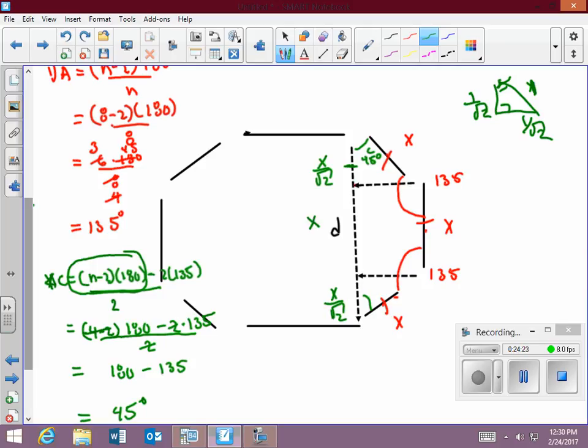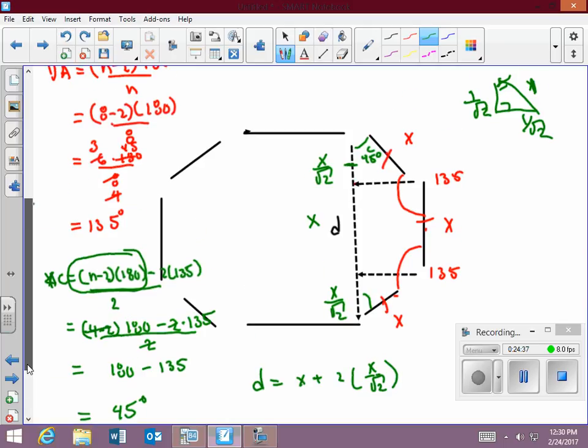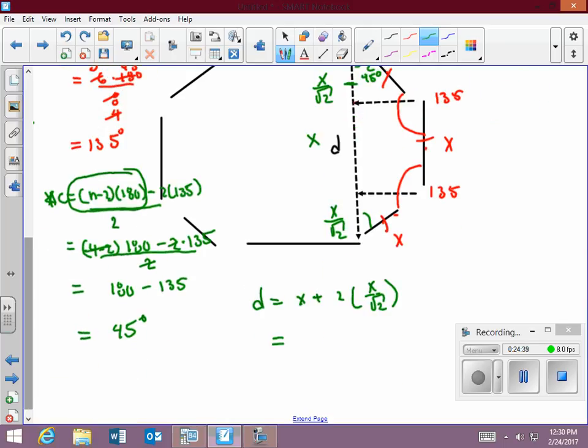So d equals x plus 2 times x over the square root of 2, which is 2x over the square root of 2.